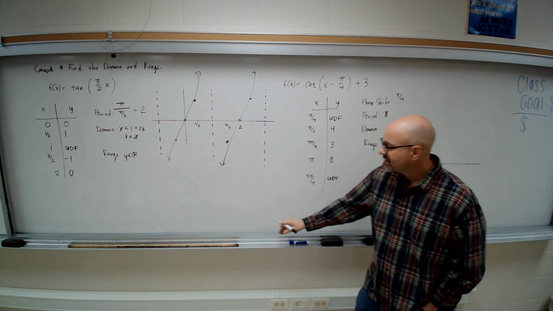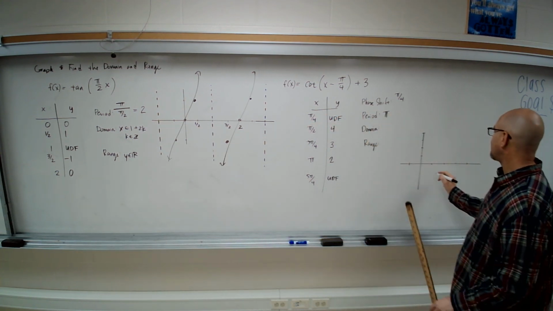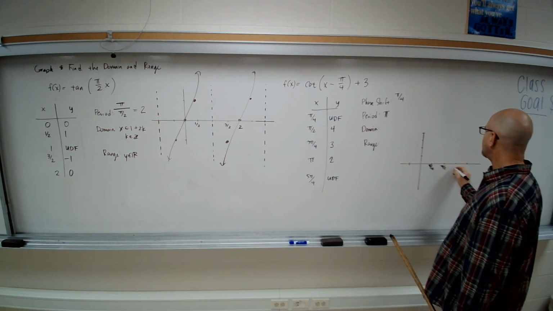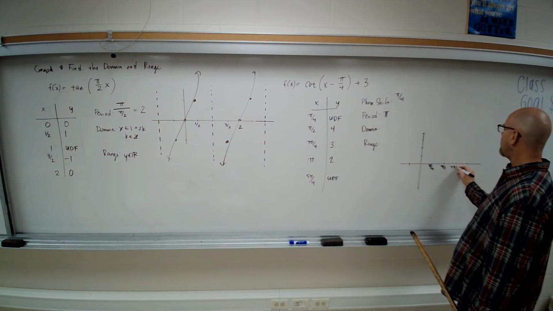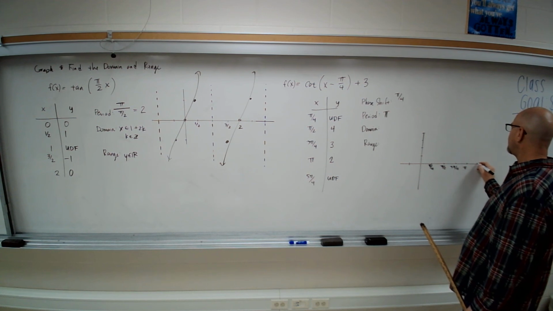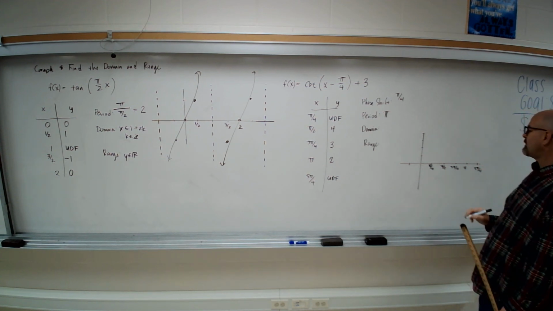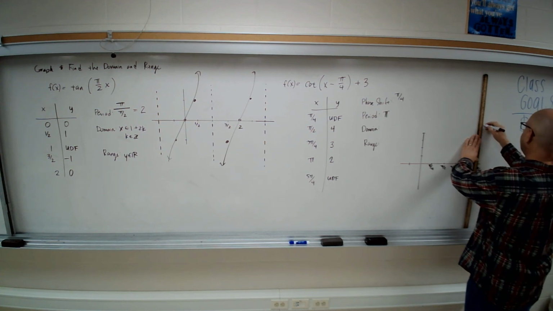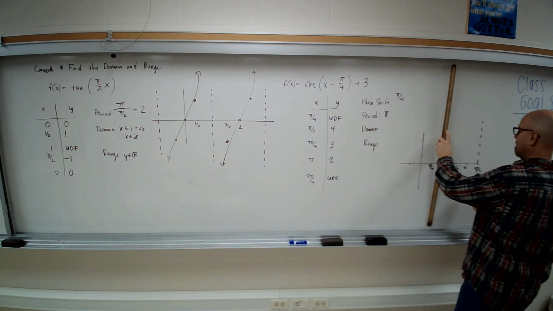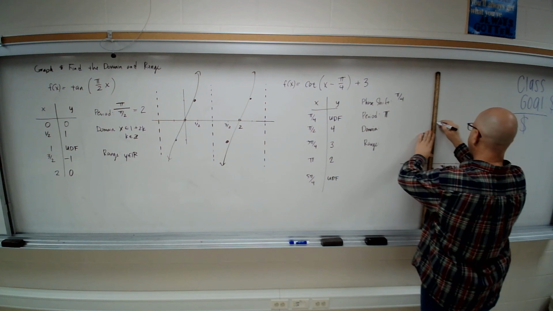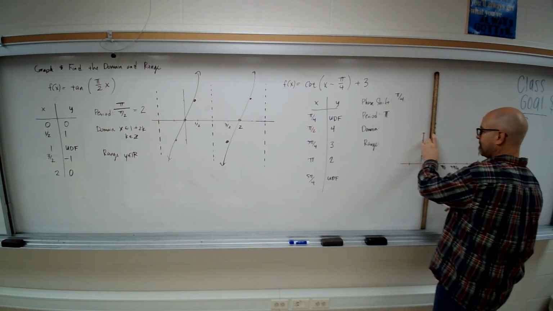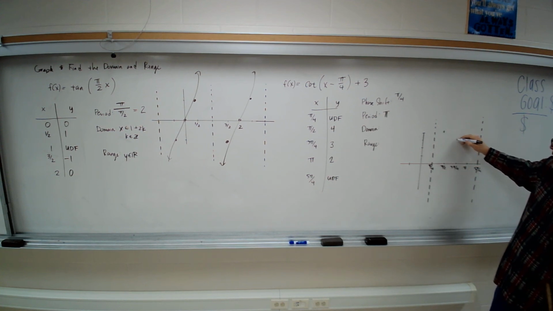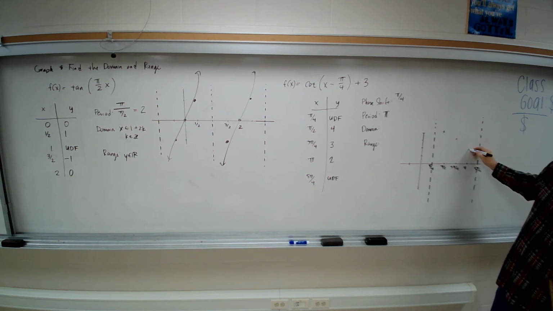So to graph this, I guess I should label this. So here's pi over 4, pi over 2, 3 pi over 4, pi, 5 pi over 4. So vertical asymptote here, vertical asymptote here, and then we have up here at 4, over here at 3, down here at 2.